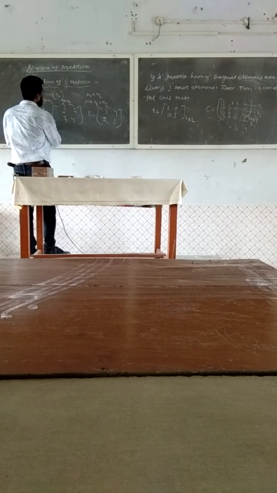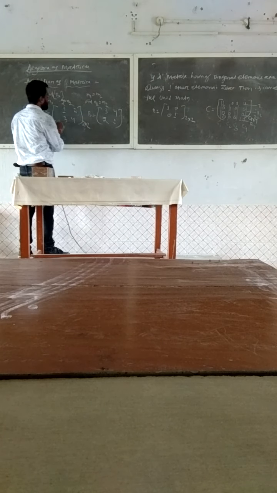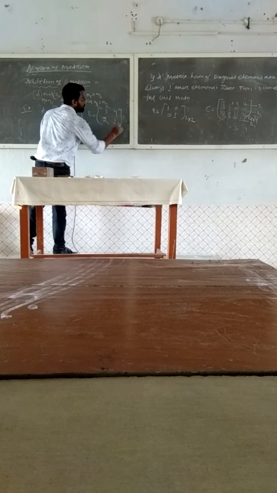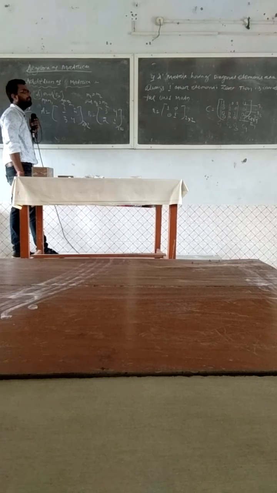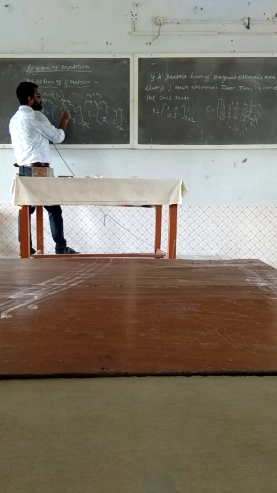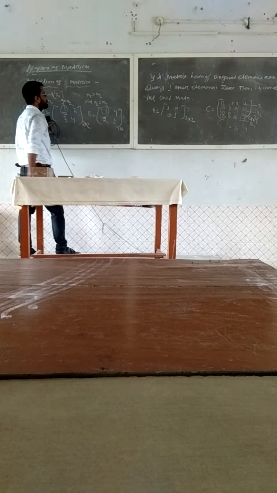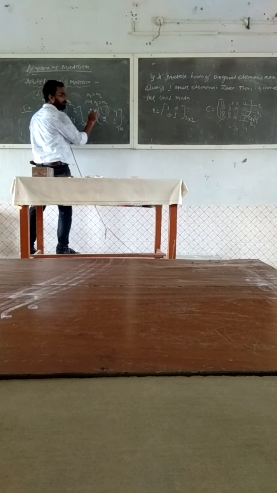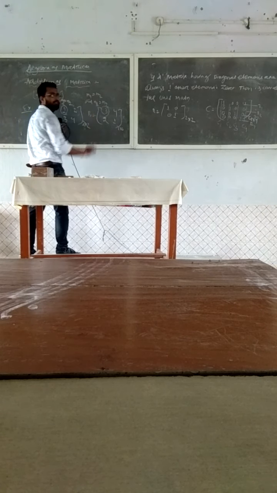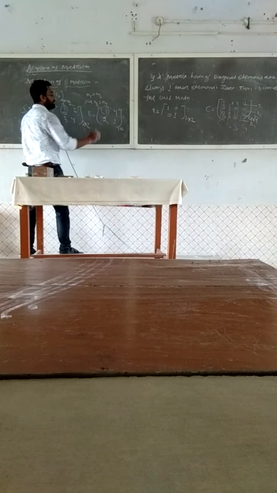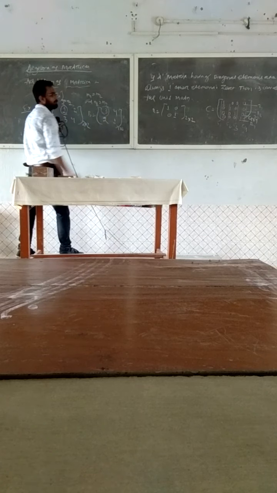These are matrices of 2 by 2 order, so addition is possible. It is added element with the respective element. The first row, first column element is added with the first row, first column element of the second matrix. Similarly, the first row, second column element is added with the first row, second column element.